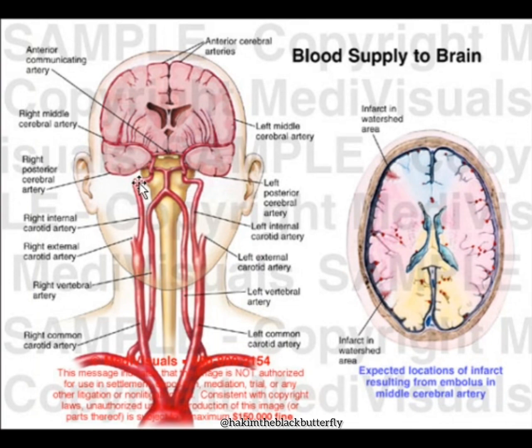Now we are going to turn the brain upside down to look at the inferior surface of the brain, to see how these blood vessels branch when they enter the cranial cavity and go to the inferior surface.